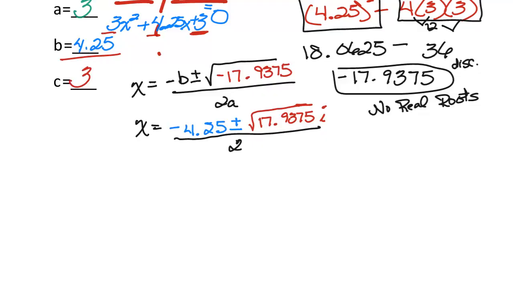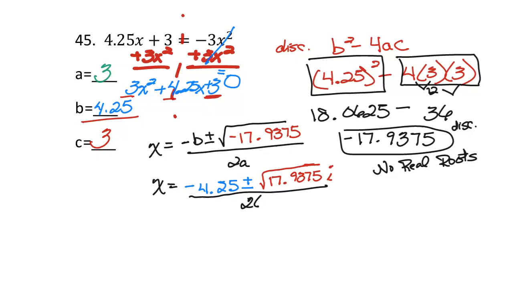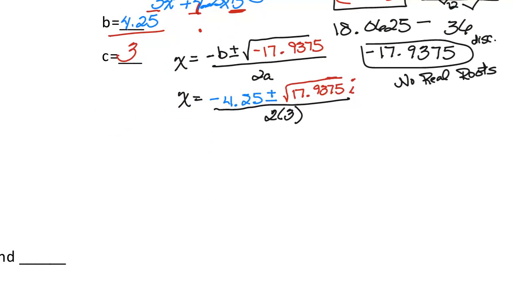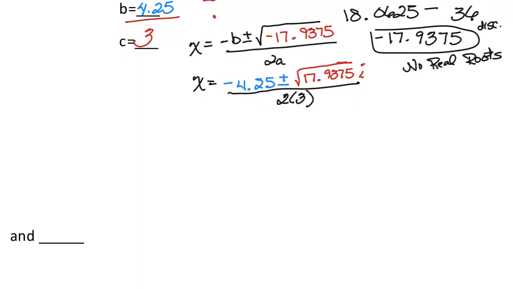Divided by 2 times my A value of 3. All right. We cannot add a number plus this, which is an imaginary number. Okay? But we can take the square root of it still. So I'm going to say x equals negative 4.25. This amount is 6, right? Now, you can either add them together, which we can't do, or you put them both individually over that denominator.